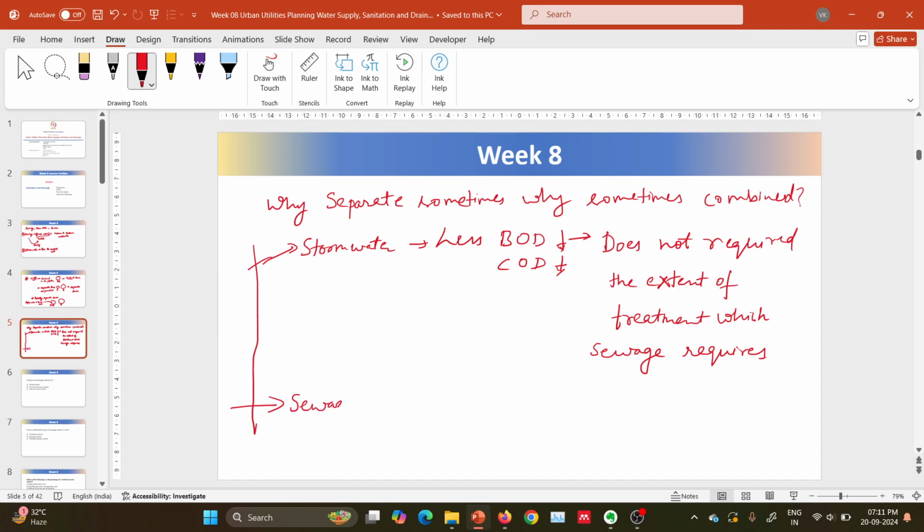Sewage comparatively has more BOD, more COD than stormwater.